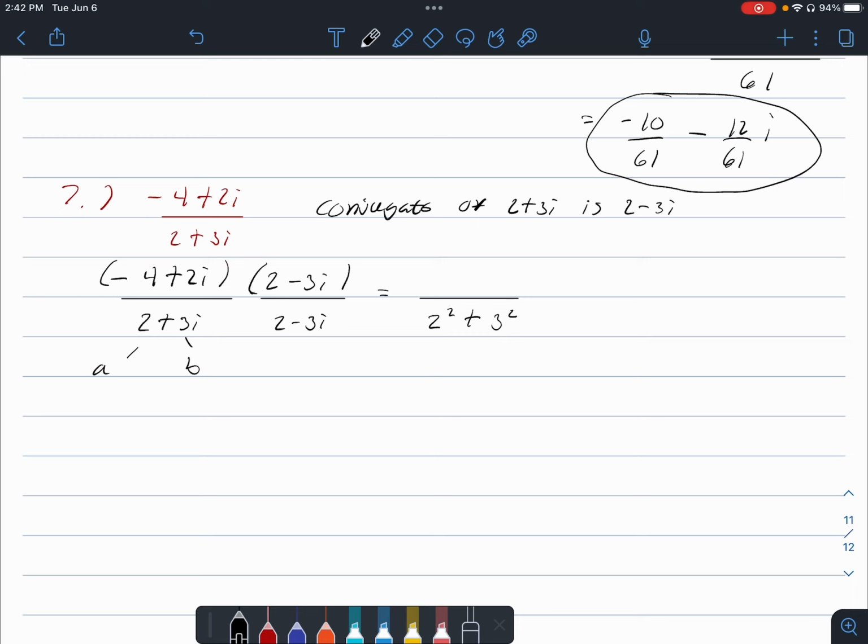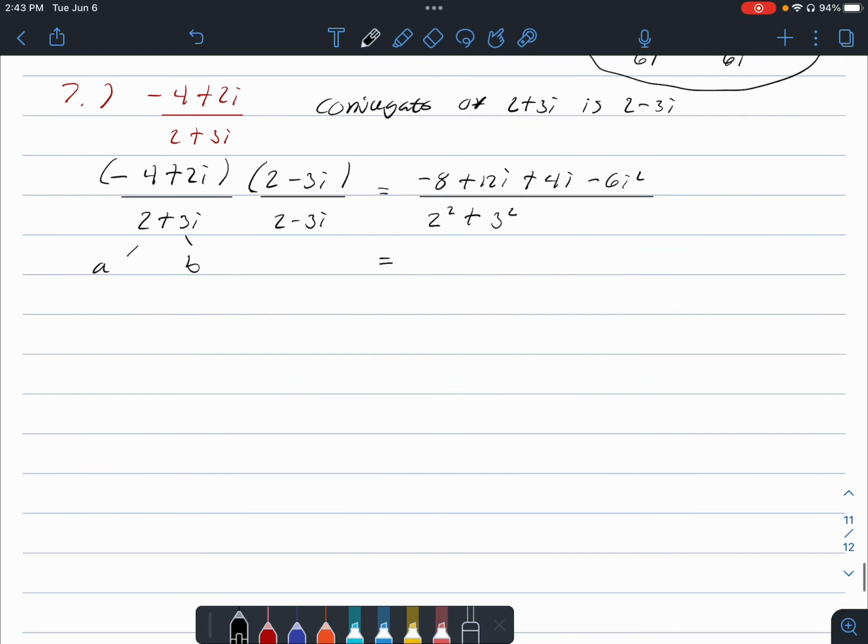We have negative 4 times 2, so we have negative 8. And then we have negative 4 times a negative 3i. That's plus 12i. And then we have 2i times 2. That's plus 4i. And we have 2i times a negative 3i. That's minus 6i squared.